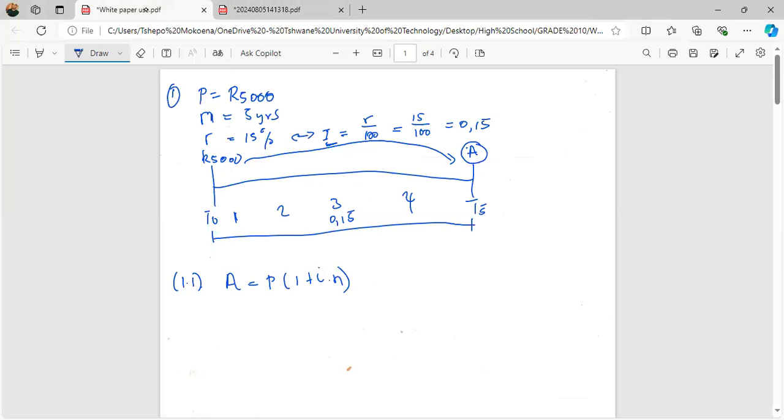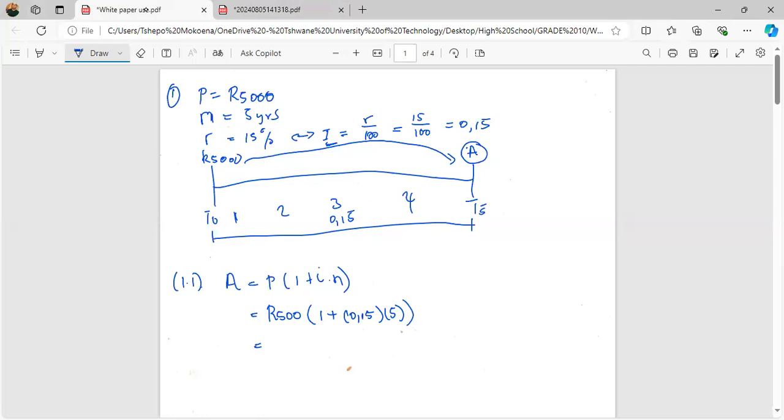In this case, our principal, the present value, is 5,000 Rand, and our interest is 0.15, for 5 years. Simple interest doesn't have compounding periods. It doesn't have quarterly, annual. Simple interest doesn't have those things.